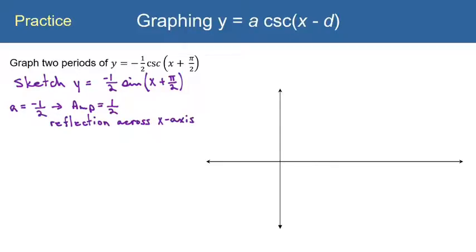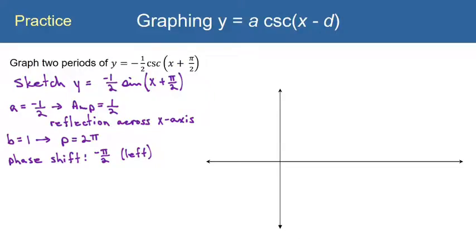And the negative means that there's a reflection across the x-axis. And b is 1, you see here, so that means period is 2 pi. And the phase shift is going to be pi over 2 to the left. And we just can say that since b is 1, we really don't have to solve anything.